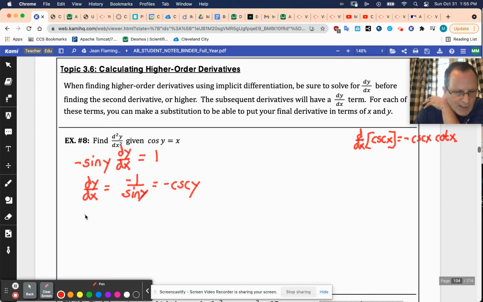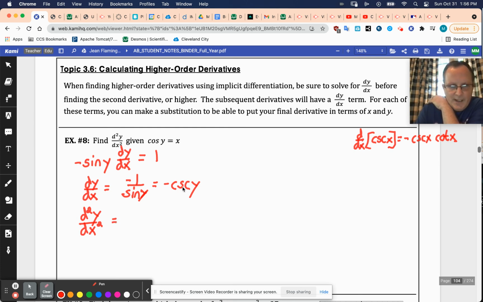Okay, so here we go. Notation: the second derivative with respect to x, and that's how you show it. The y is kind of separated from the d, and the twos are not exponents. That's just showing that it's the second derivative.